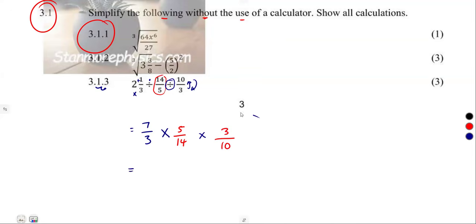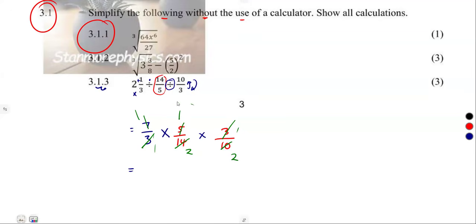Remember, under a multiplication like this, we can reduce our fractions as long as it is the relationship between the numerator and the denominator. Like 3 in the denominator and 3 in the numerator can cancel. 7 in the numerator and 14 is going to give us a 2, 14 divided by 7, that's a 2. 5 in the numerator and 10, that's 1 and a 2 in the denominator.